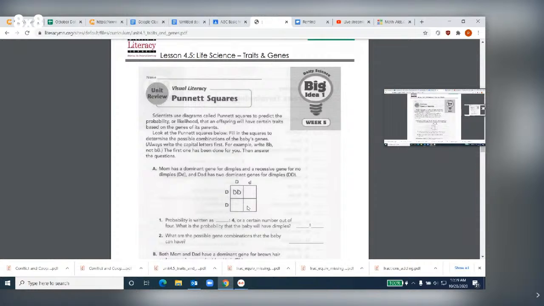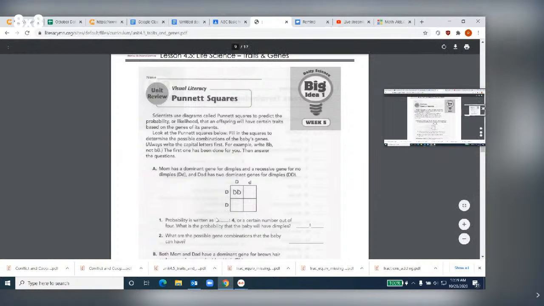The possible combinations are going to be DD or capital D, lowercase d, so there's only 2 possible outcomes here. And the probability, because there are 4 squares, would be written as 1 out of 4.